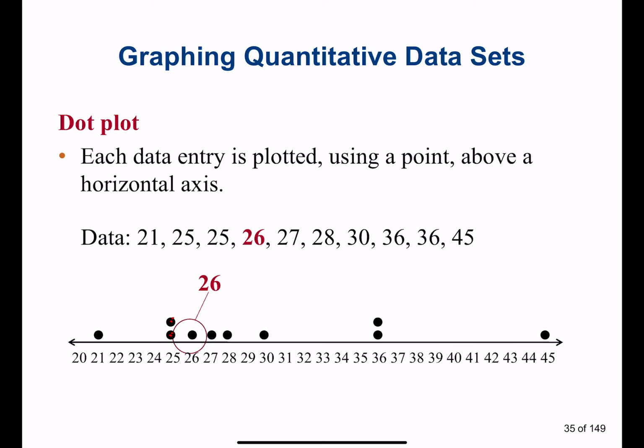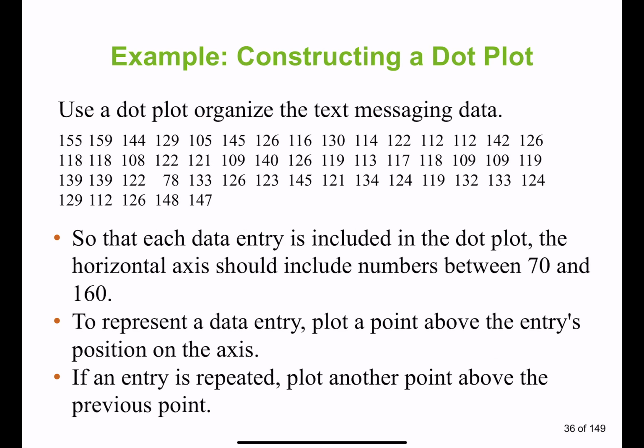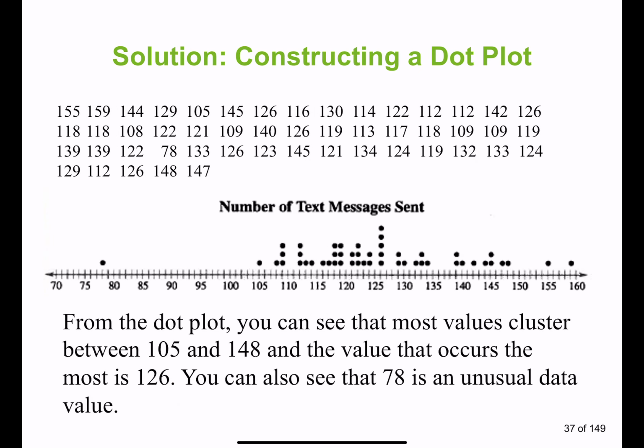Now the same case with the students' dormitory text messaging, we are going to build on a dot plot graph. Let's see what's going to happen here. Here it is in the format of a dot plot. We are going to get the highest, the most people are texting 125 messages per week, and what is going to be our centralized part?